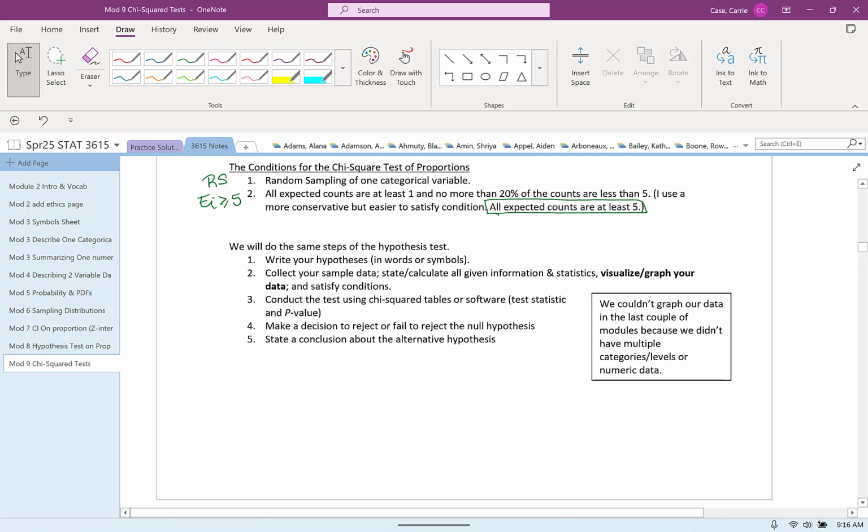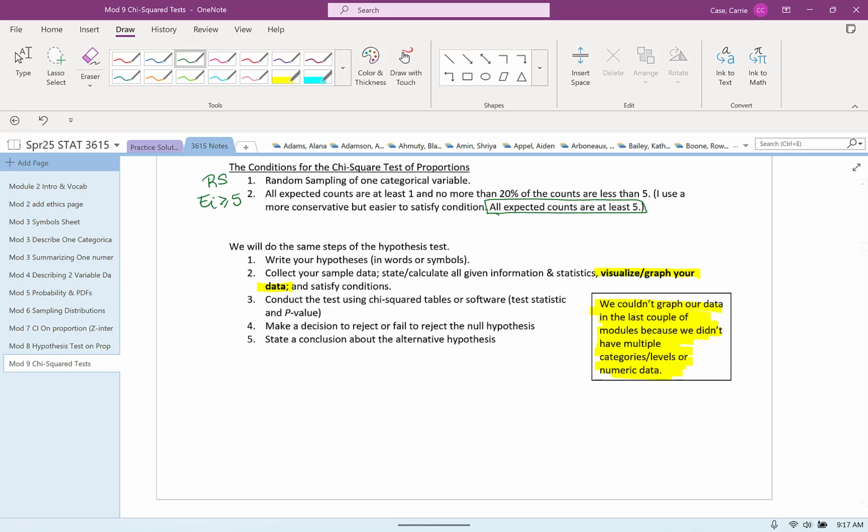We're still going to do the same 5 steps of the hypothesis test, but we're going to be adding a step this time. So you write your hypotheses in words or symbols, you collect your sample data, and you state or calculate all of the necessary given information and statistics, but you have to visualize your graph and data. So this is new. We didn't do it in the last section, and the reason is we couldn't graph our data in the last module because we had categorical data with only one level.